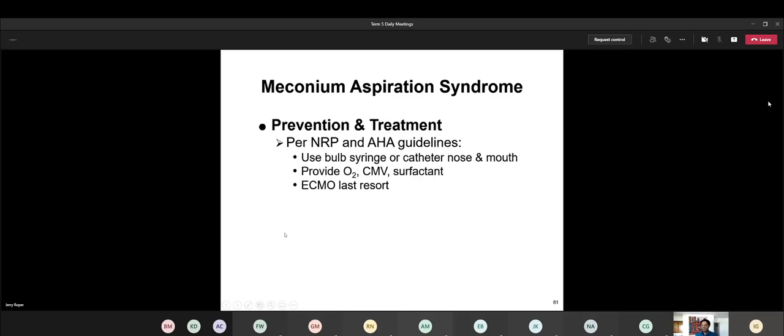Then how do we prevent this from happening? Well, there's not much you can do as far as prevention unless, say, you make sure that the baby is delivered on time.